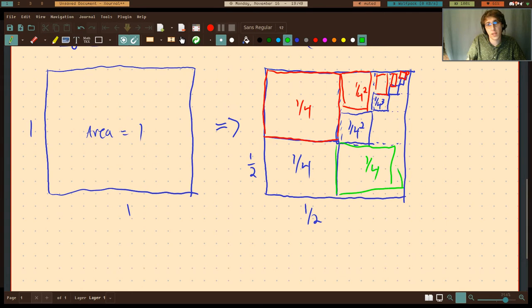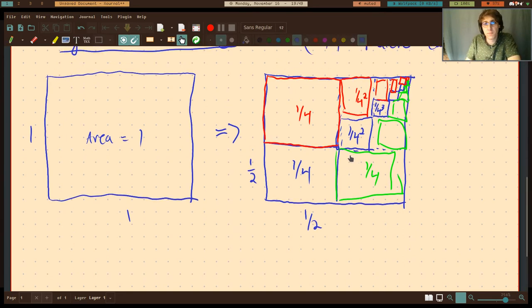Now, isn't that cool? And if you take infinitely many divisions, you can see that you get 3 copies of the same series. And if you take infinitely many divisions, the whole original unit square is filled up by area.